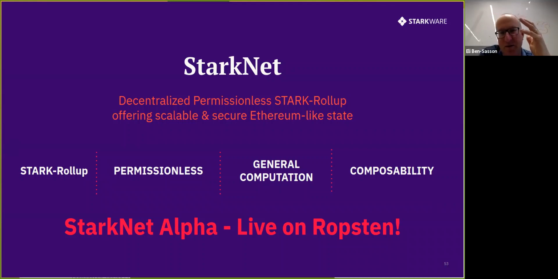It's going to be decentralized, permissionless, a Stark-based rollup. Anyone can write smart contracts and deploy to them. Anyone can submit transactions, and later on, anyone can generate Stark proofs for this and sequence and be the analog of a miner on this system. And this is coming, live alpha in a couple of weeks.